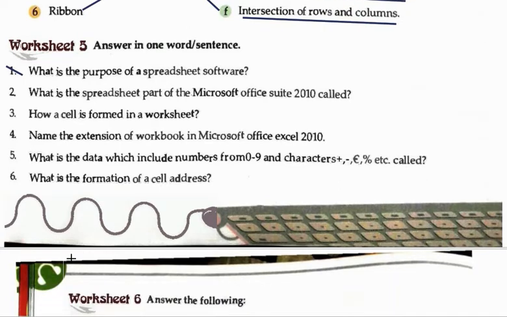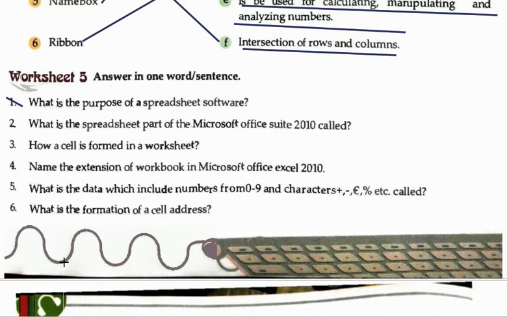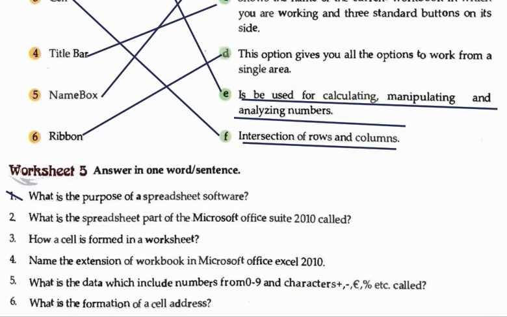What is the formation of a cell address? How is a cell address formed? Basically, a cell address is formed with the rows and columns. Firstly the column, then the row. The combination of column and row, like B1, A1.